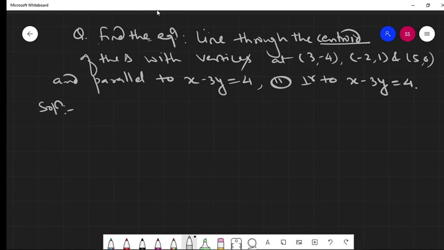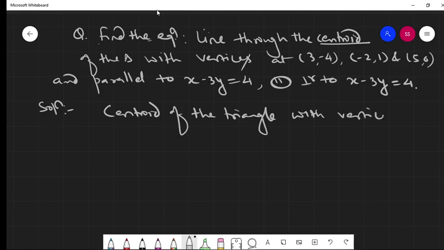So how do we find the coordinates of the centroid? That is important here. So dear students, the centroid of the triangle with vertices, what are the vertices given here? (3, -4), (-2, 1) and (5, 0).